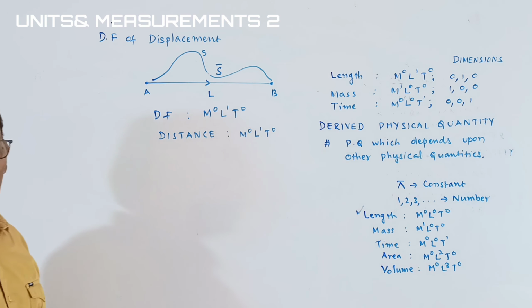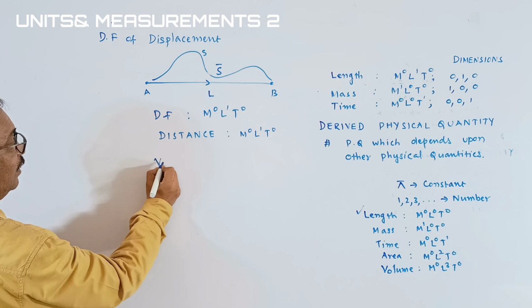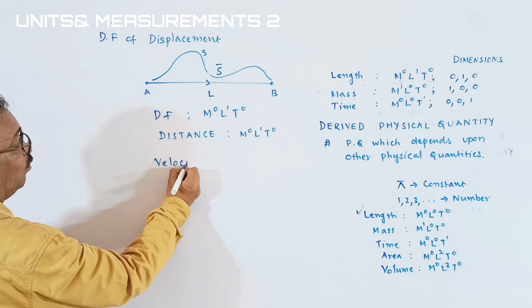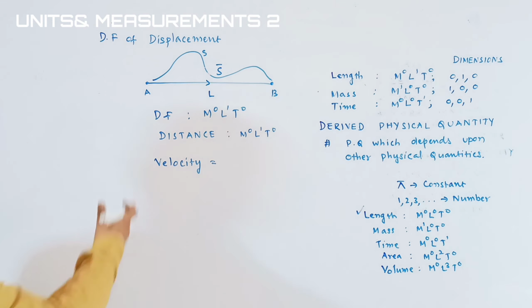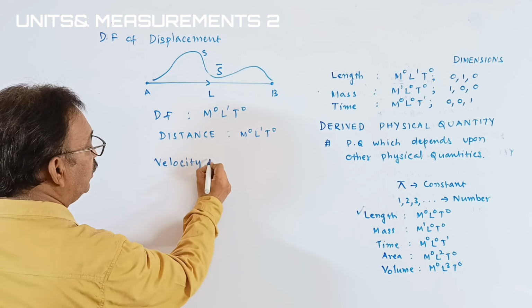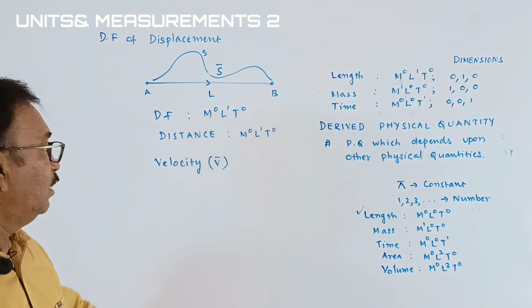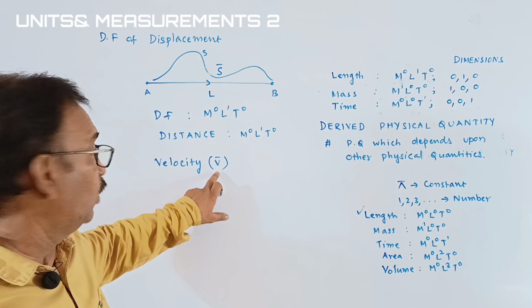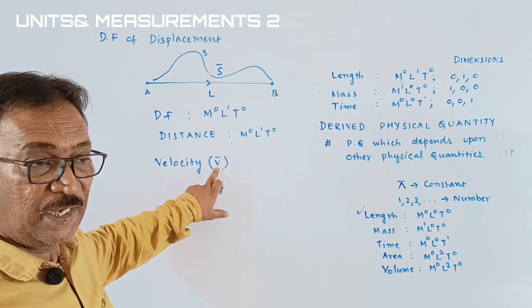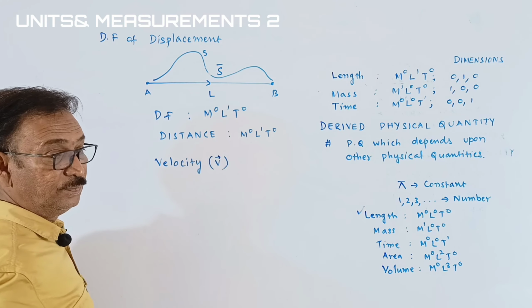Then the next physical quantity, which is a derived one, and you know about this, that is velocity. What is the mathematical relation for the velocity, students? Velocity is a derived physical quantity. Additionally, it is a vector quantity, students. A vector quantity is always represented with an arrow on the head. If V is a physical quantity and you keep an arrow over the head, it represents a vector.